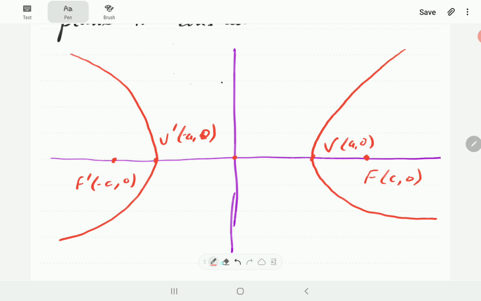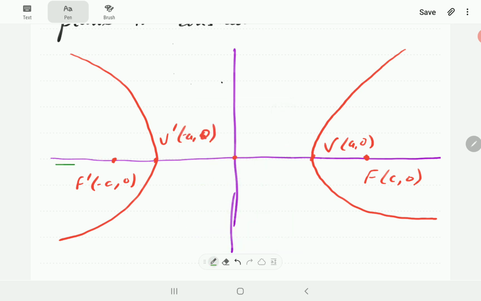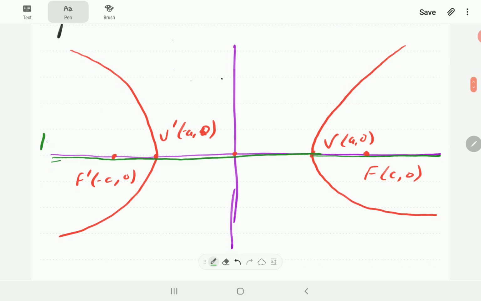So the horizontal axis here, in the case of a hyperbola like this, is going to be called the transverse axis.